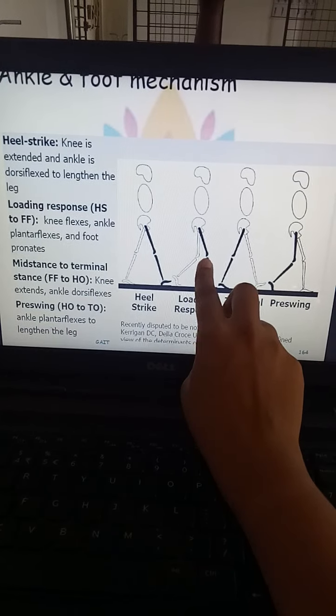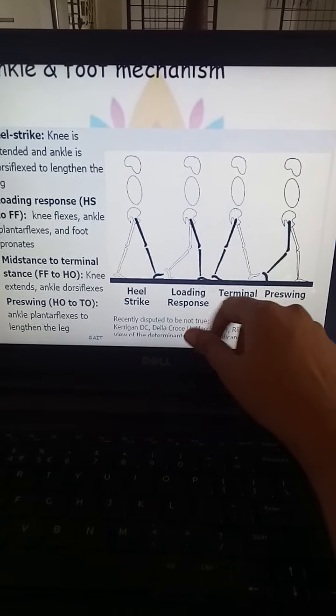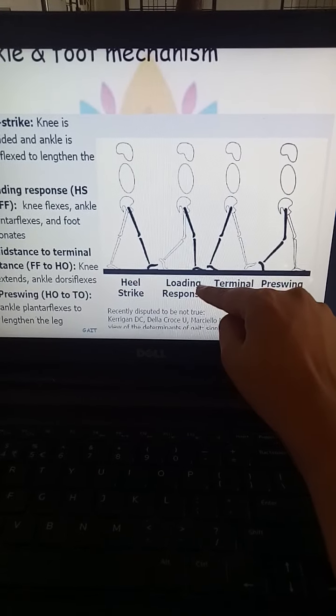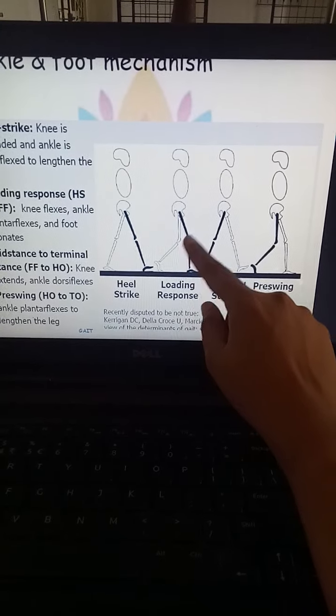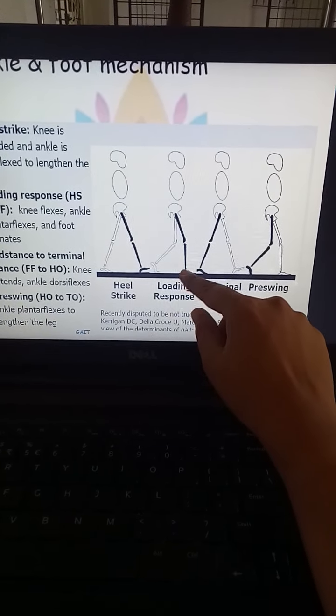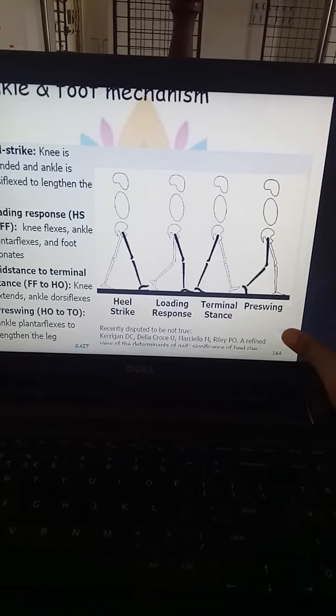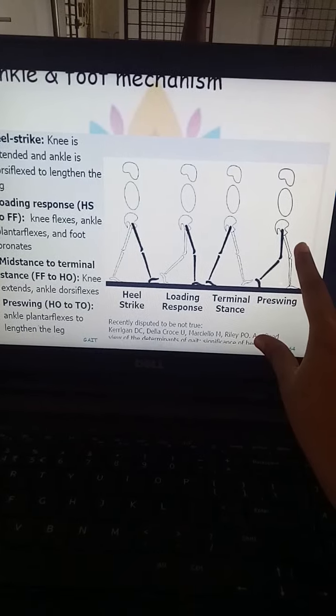Second is loading response, from heel strike to foot flat. In loading response, you can see the foot is pronated, meaning it is in the flat position, the knee is in a slightly flexed position, and the ankle is in the plantar flexion position. Next, you can see mid stance to terminal stance, foot flat to heel off.